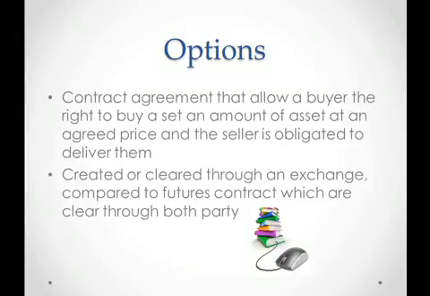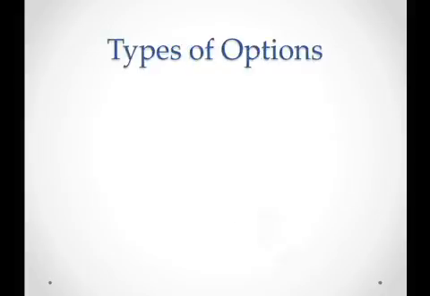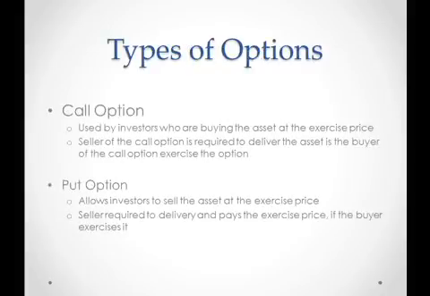This can also operate in the reverse, where a seller has the right to sell an asset at an agreed price, and the buyer is obligated to buy. Options are contracts that are created or cleared through an exchange compared to futures contracts which are cleared to both parties. There are two types of options: a call option and the put option. Both of the options are discussed below.